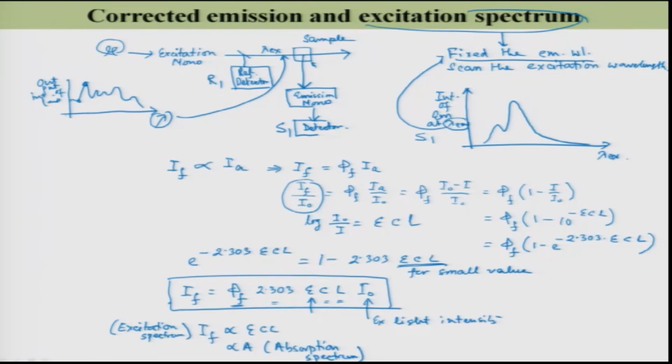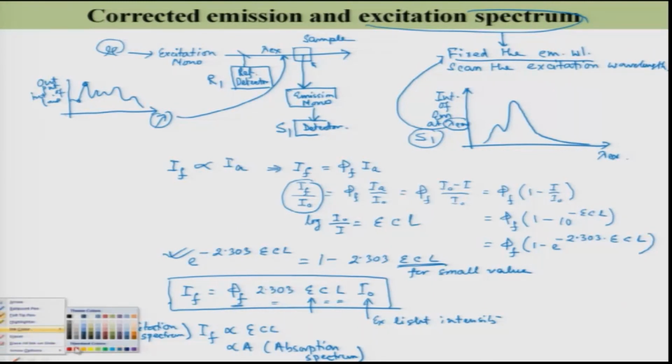So, what I was telling here: if I now plot this S1 emission intensity against lambda excitation, this spectrum will be the same as the absorption spectrum, provided two things. First, I have taken the concentration to be low. If not, then I will not be able to write this. So, concentration must be low.